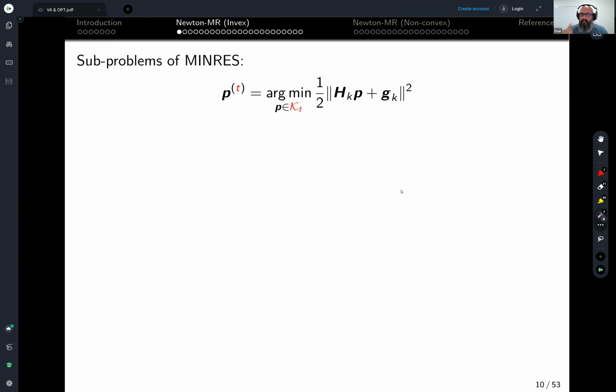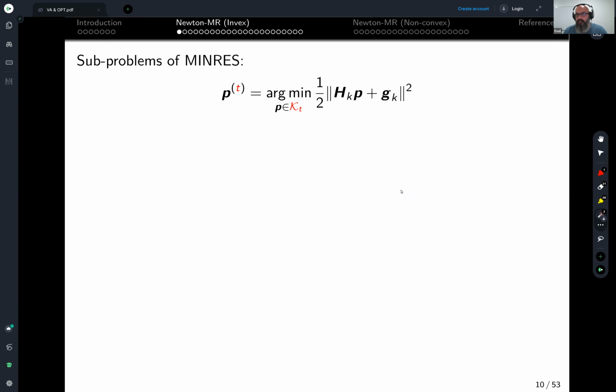So the same way that I looked at subproblems of CG and realized that CG's iterations always guarantee descent in the objective value, let us also look at the subproblems of MINRES and see what every iteration of MINRES will give us. I was asked earlier, how do you go about doing MINRES? I'm just going to give you a high level of how we do MINRES right now until I get into the details later.